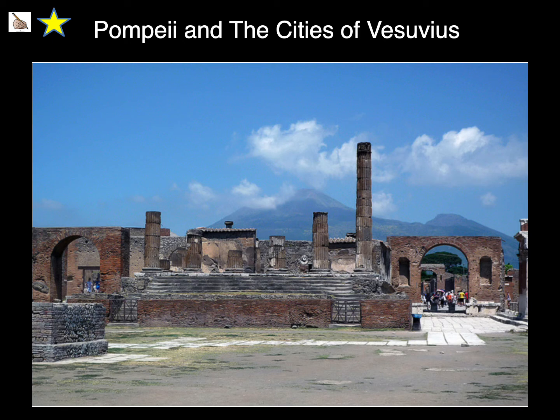A black mushroom cloud rose 12 miles over the peak until, by the end of the next day, the villages were covered with 18 feet of ash and pumice. They remained covered, forgotten, for almost 1,700 years, preserving an incredible amount of nearly intact artifacts, mosaics, and wall paintings.